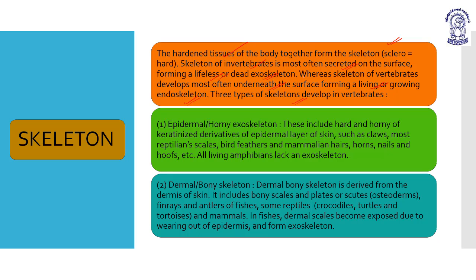Three types of skeletons develop in vertebrates: epidermal or horny exoskeleton. These include hard and horny keratinized derivatives of the epidermal layer of skin, such as claws, most reptilian scales, bird feathers, and mammalian hairs, horns, nails, and hoofs. All living amphibians lack an exoskeleton.